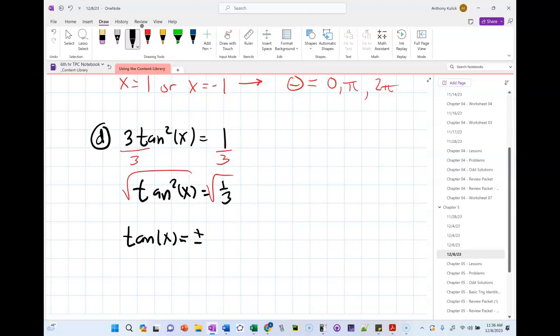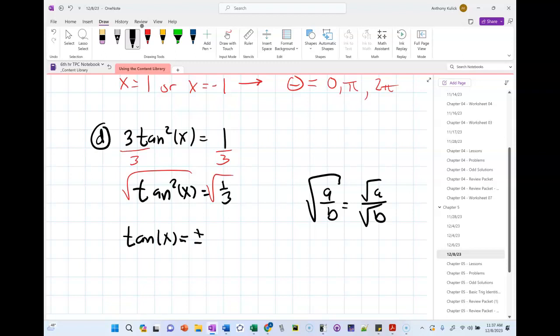Now, how do I square root a fraction? It's an Algebra 2 question. We did this, you did this last year. Hopefully you remember that, right?